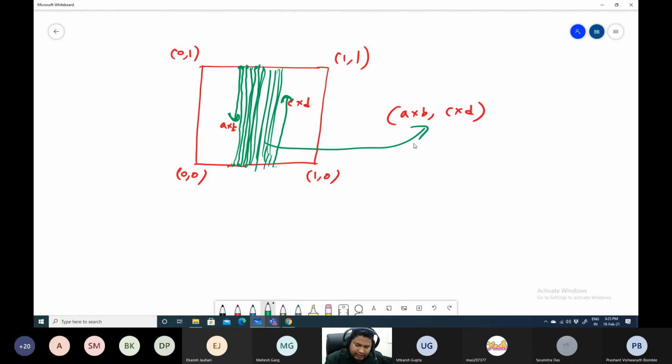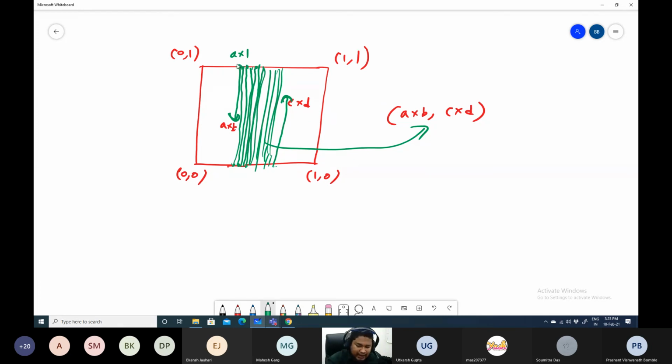Because if you take any point, say this point, what is this point? This point is my A cross 1. Now what is the next point of A cross 1? You cannot say what the next element is here, right? But you can compare.